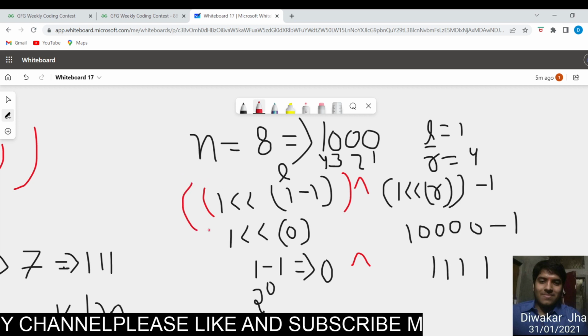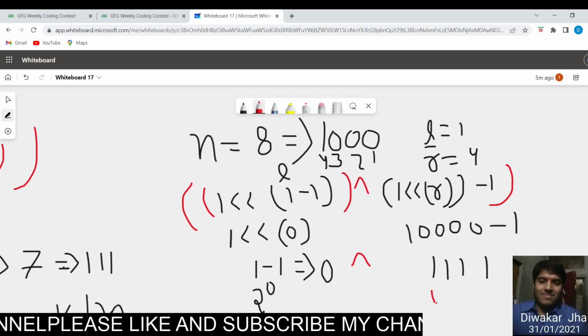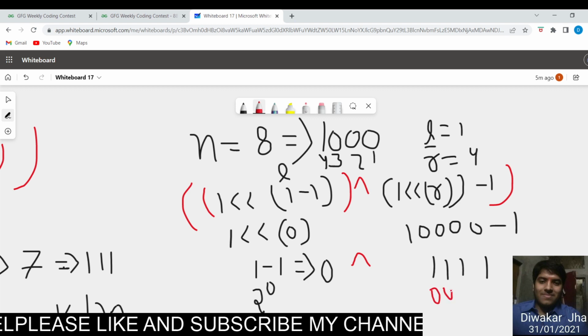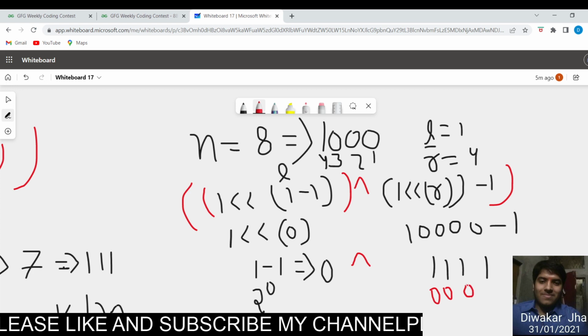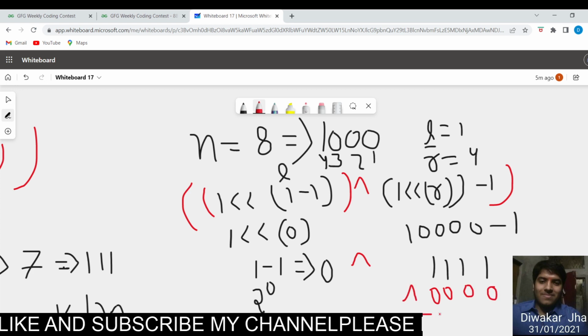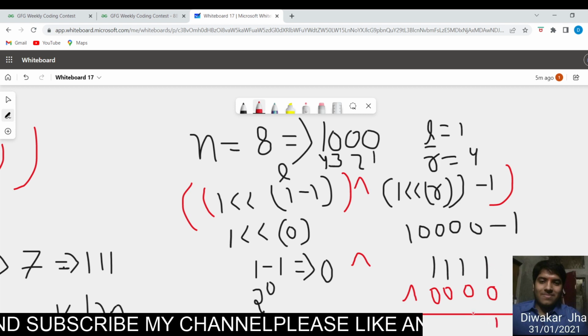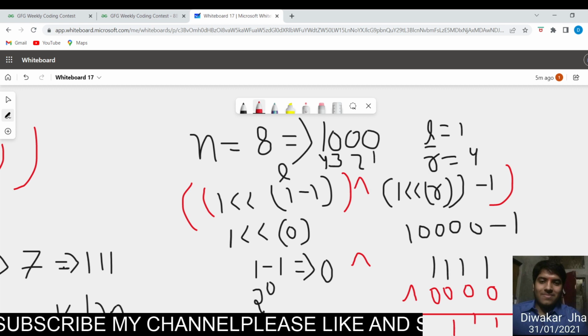I hope you all understood very well. Perform the bitwise operation like 0 0 0 0. If you perform the bitwise operation, you get 1 0 1.